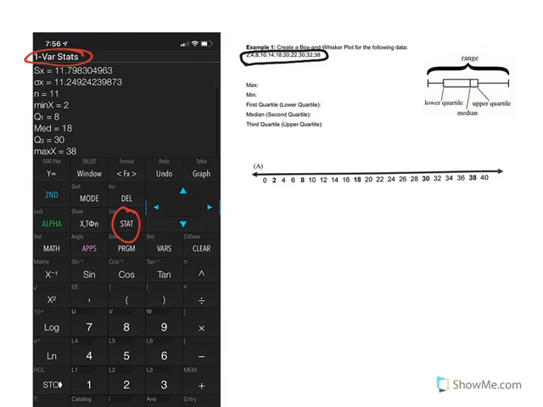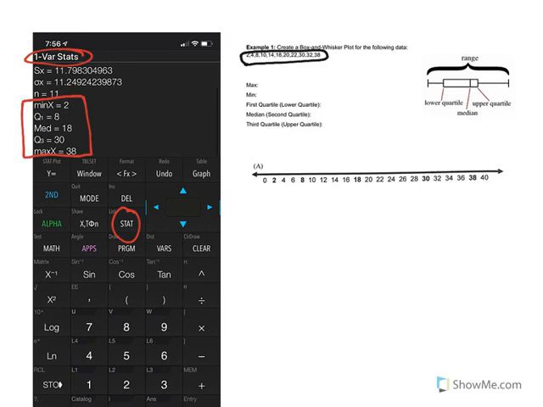Okay, and then you can get the 5 points that you need from the calculator, and you don't have to break it up in half and do another half and find all the different medians. If you put it in the calculator, it gives you the 5 numbers that we calculated by hand.